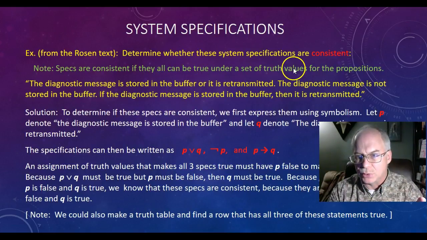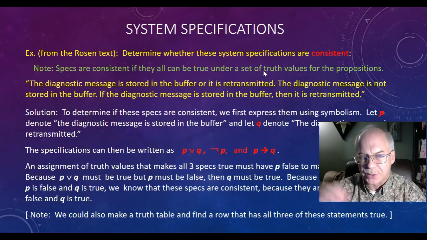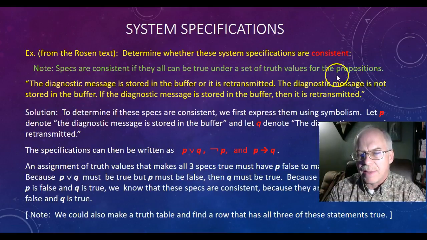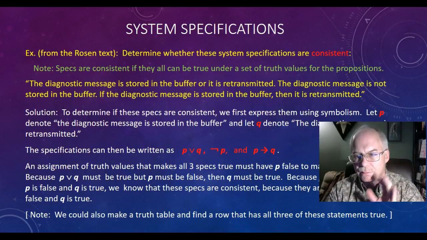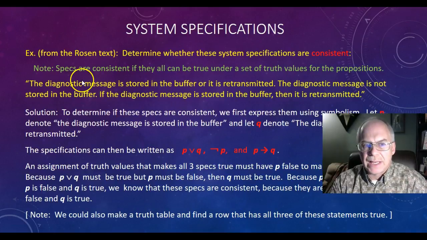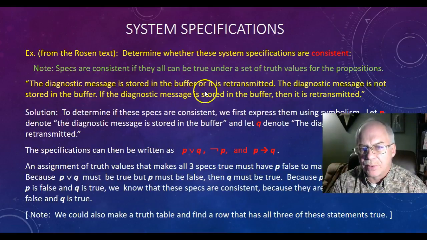So it's a set of truth values for the propositions P and Q, or whatever the propositions are, that would make all those statements in the system specs true. So here's an example. The diagnostic message is stored in the buffer or it is retransmitted.